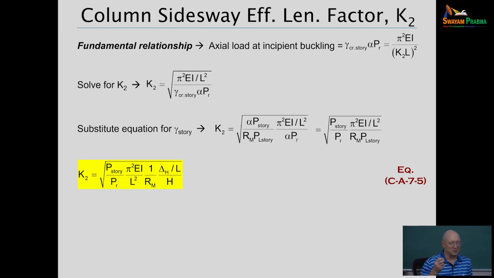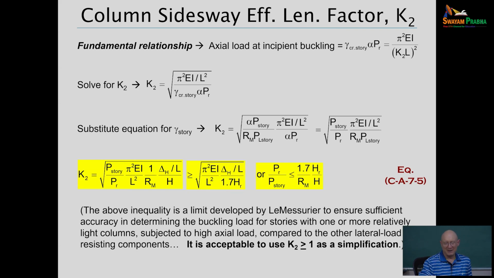It may be erroneous because of the approximations with dealing with small delta in this derivation. And so what Lemessurier did is he did a whole bunch of parametric studies and then came up with an inequality to restrict how low your K2 value for a really lightweight column can be.